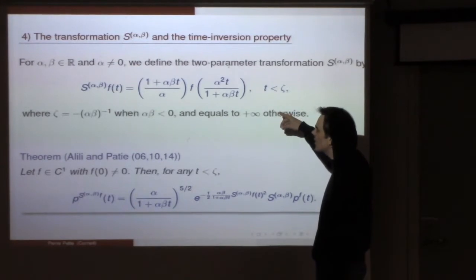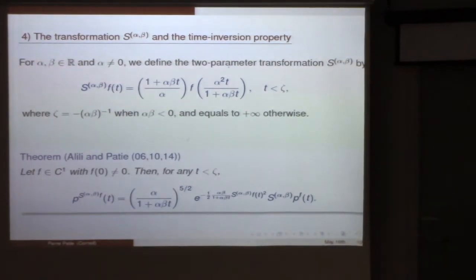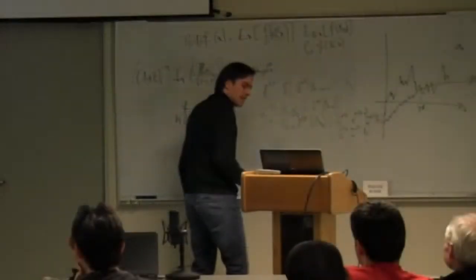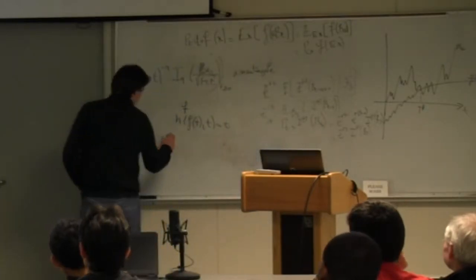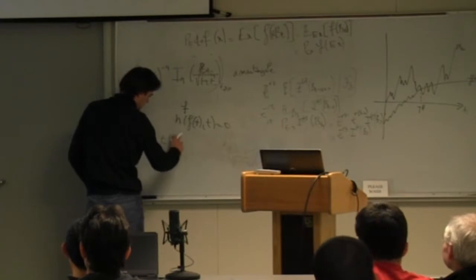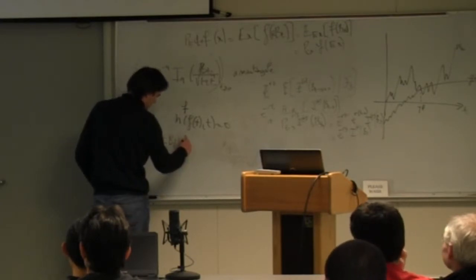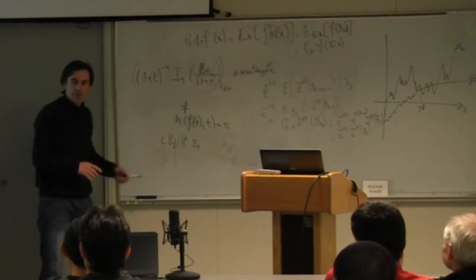And one of the key properties we use in one proof is the so-called time inversion property of the Brownian motion. We say that t B_{1/t} has the same distribution as B_t. Okay, the time inversion property.